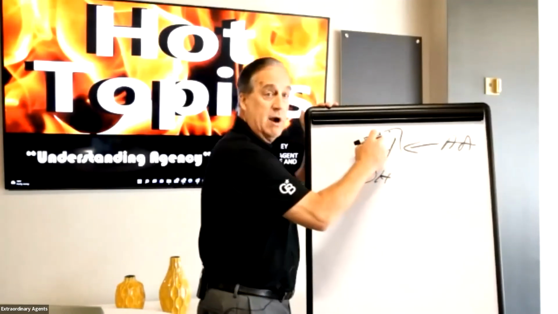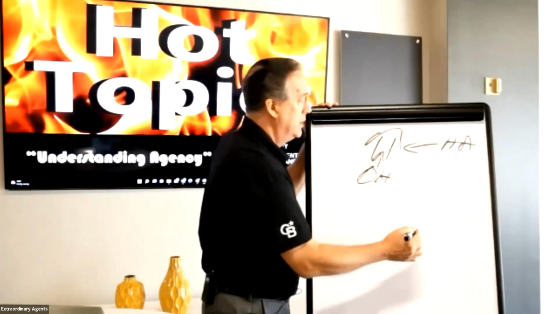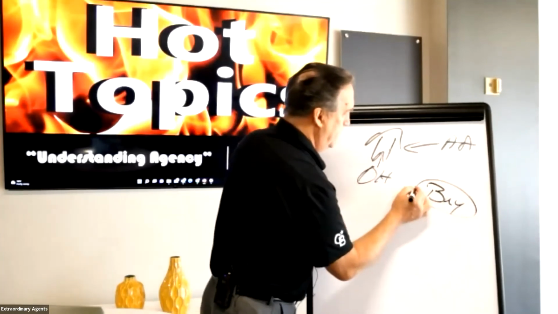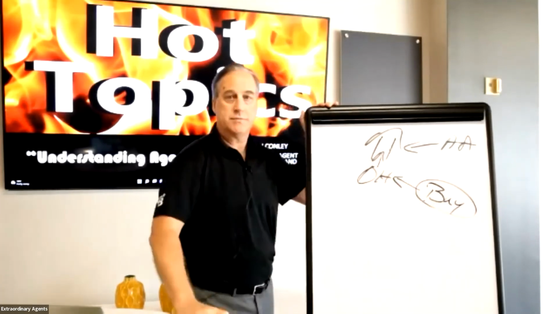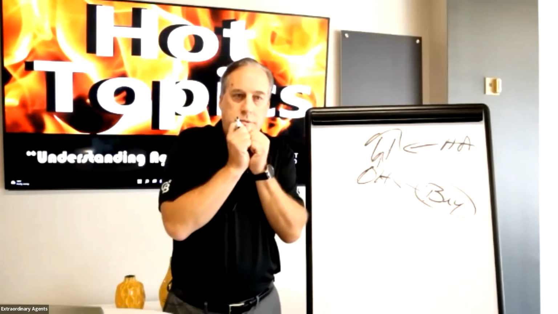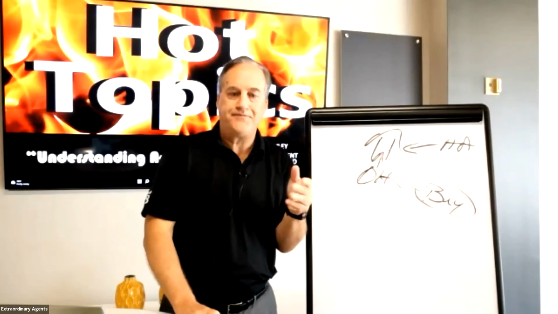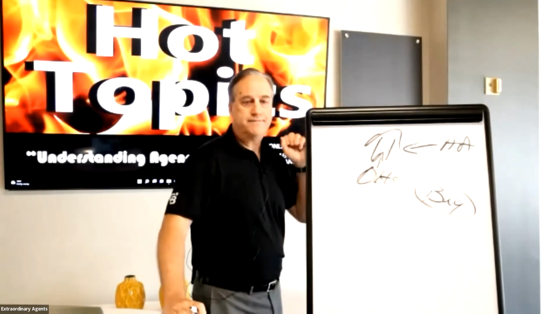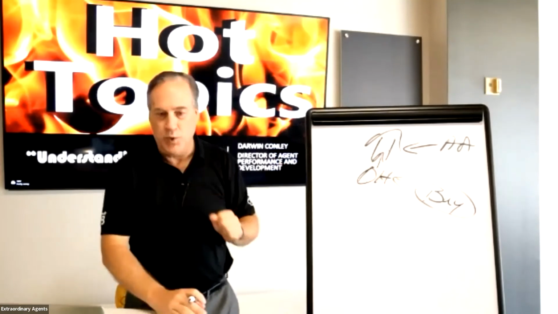My listing, I represent, I'm holding it open. Along comes Mr. and Mrs. Buyer to the open house. They say, we want to buy it. Do you represent the buyer? What say you?